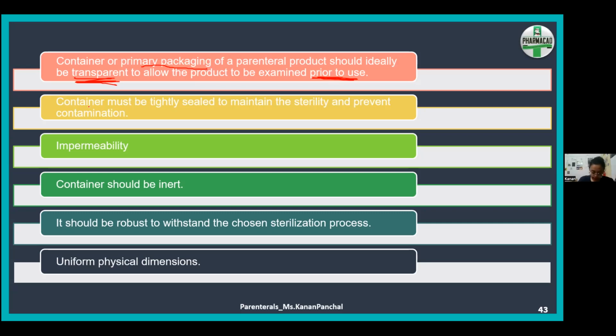But there is one exception, you know. Just a minute, I'll check the exact name. We know that if it is photolytic, you will have to store it in amber color.